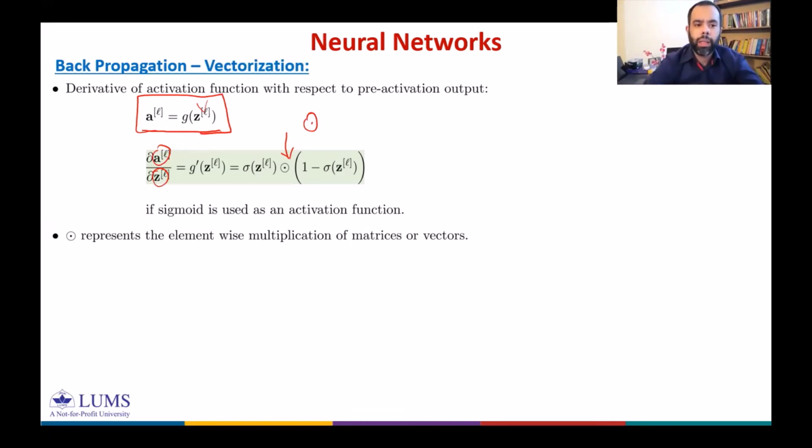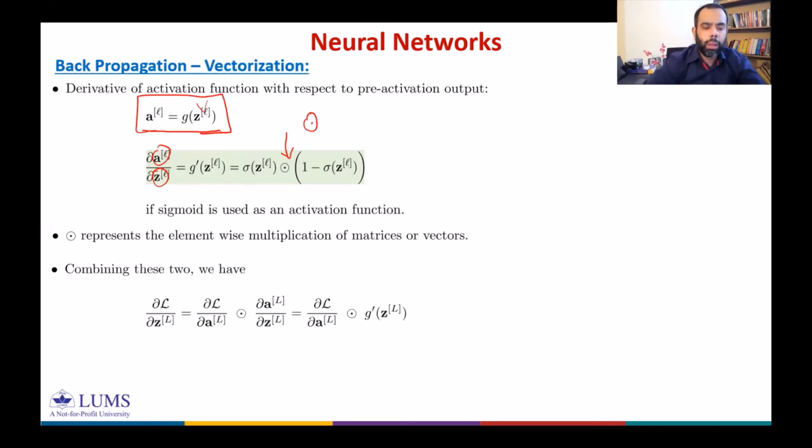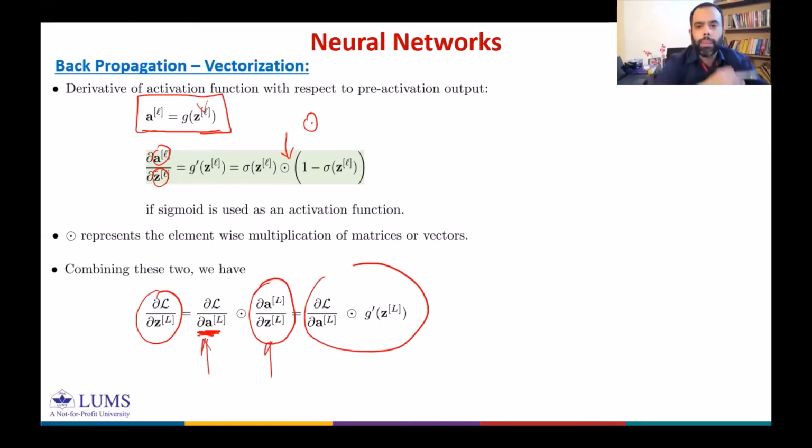If we combine these two, we can get the derivative of the loss function with respect to the pre-activation output of the final layer, this, which we computed in the previous slide, times this, which is again an element-wise multiplication, because this is a vector and this is a vector, and finally we have this.